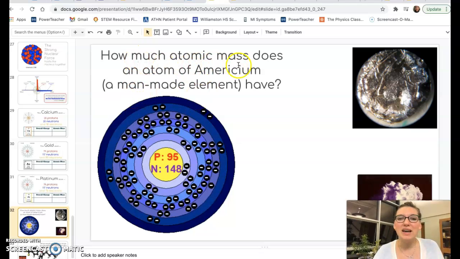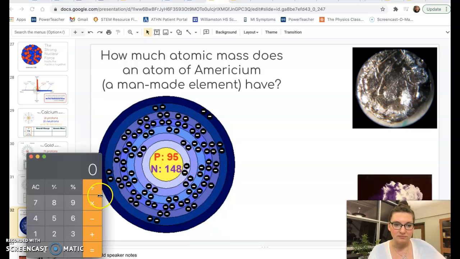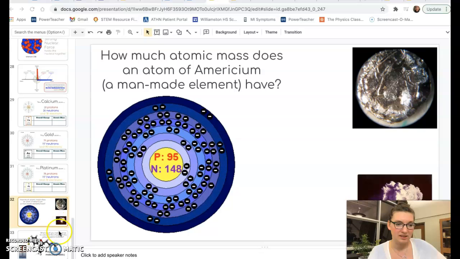So how much atomic mass does an atom of americium, a man-made element, have? We can find that because I can see here that there are 95 protons in this atom, and there are 148 neutrons. So let me do some math about that real quick. 95 plus 148 equals 243, so this is going to have an atomic mass of 243.